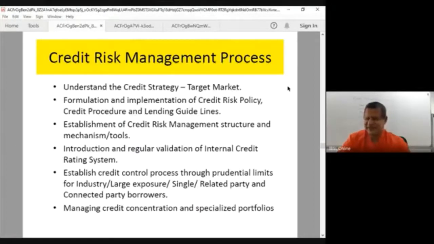Take, for example, a garment factory and a tourist hotel, which have two different ways of managing risk in their businesses. A garment factory needs to make a quality product, identify a good buyer overseas, then ship it on time.